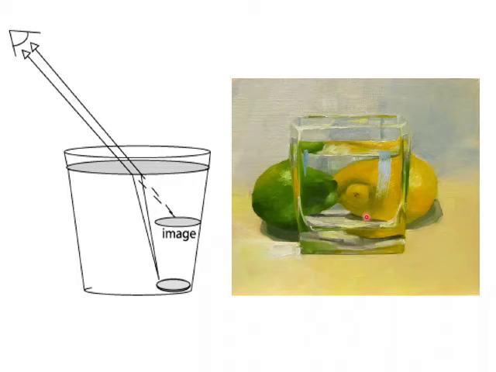So all these are transparent mediums, and when light travels from one transparent medium to another transparent medium, we find that it bends. And this bending of the light or change in the direction of the light is referred to as refraction.